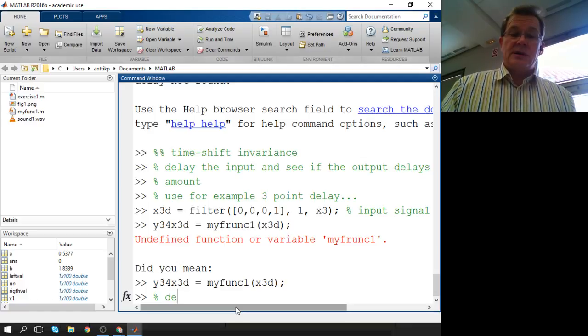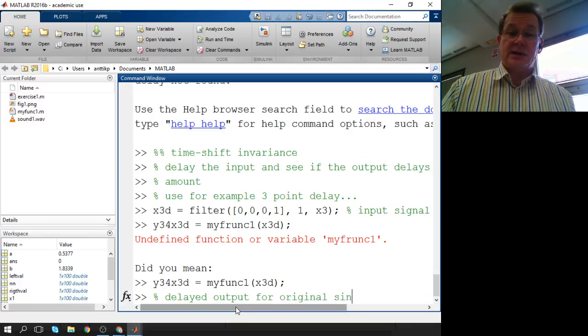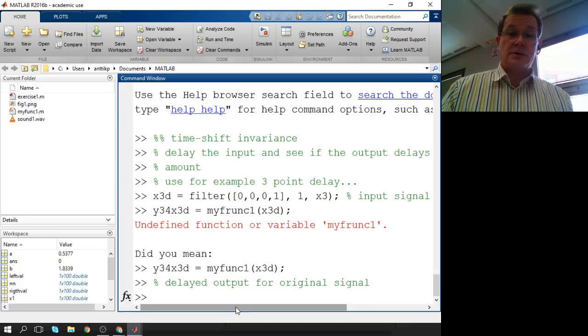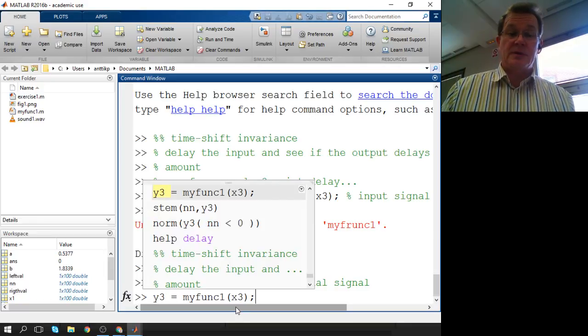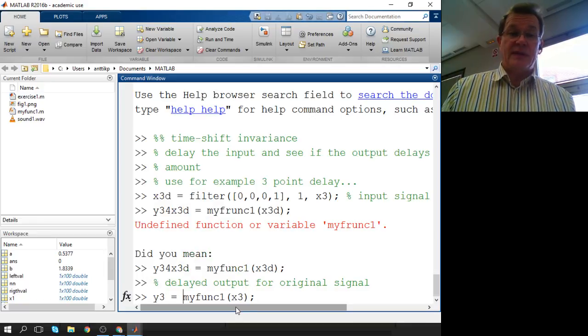So it's the delayed output for the original signal. Okay, Y3. That was the Y3, but now we delayed.